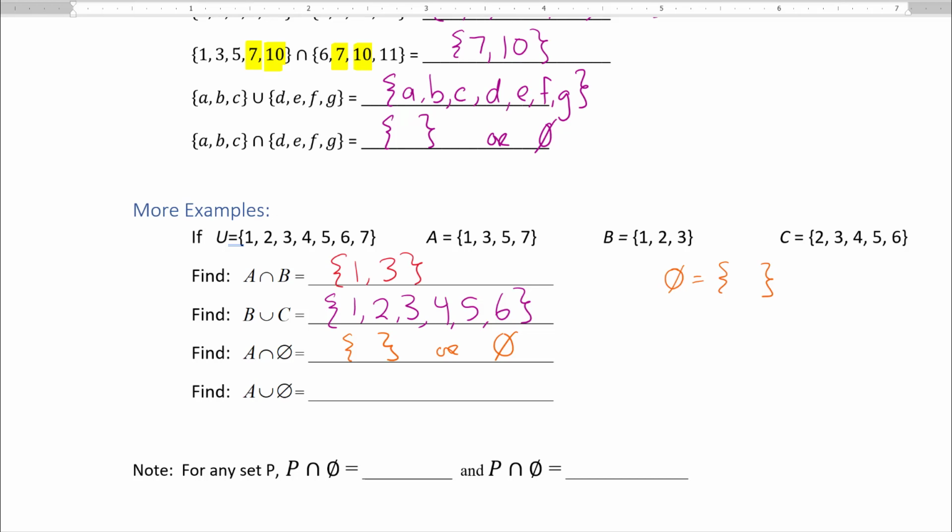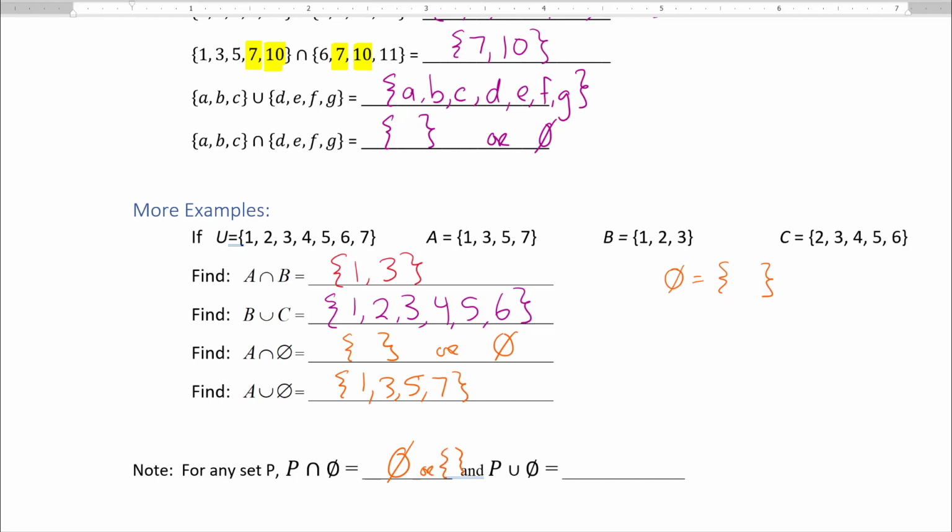When I'm talking about A union the empty set, I'm talking about all of the elements in A, in addition to all the elements in the empty set. Well, there isn't anything in the empty set, so it's just basically the elements of A. So what this means is when you have any set P and you intersect with the empty set, you're going to get the empty set, or written that way.